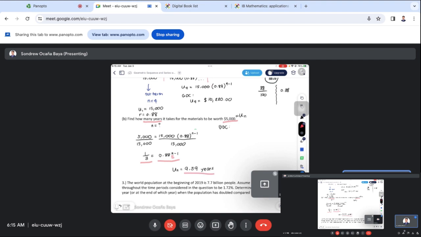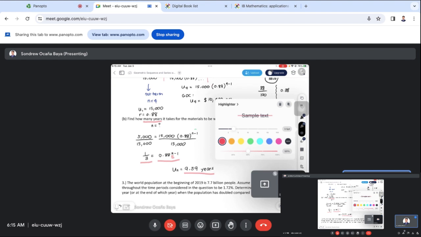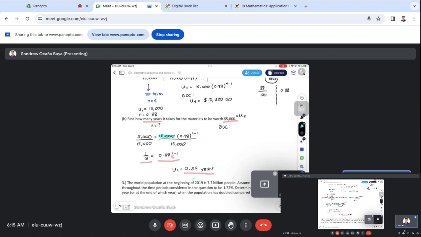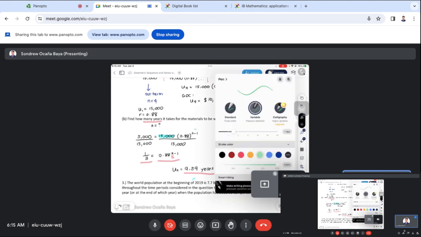Now let's analyze. In this 9.59 years, take note that in this solution, I'm using 15,000 as my first term, by which 15,000 is actually year 0.